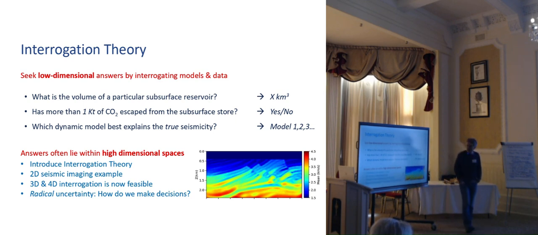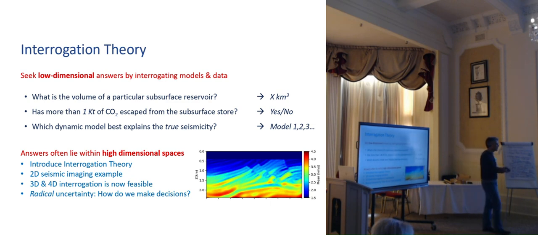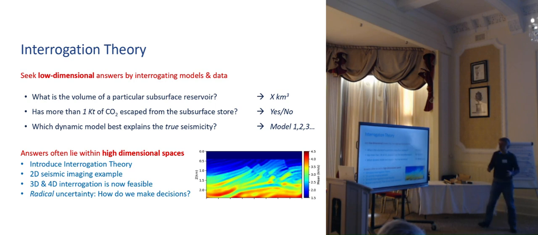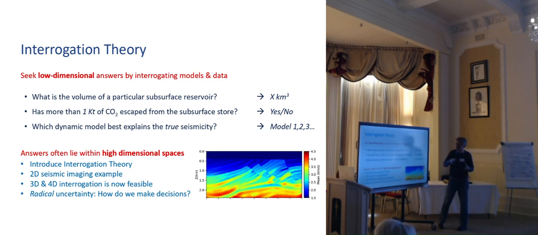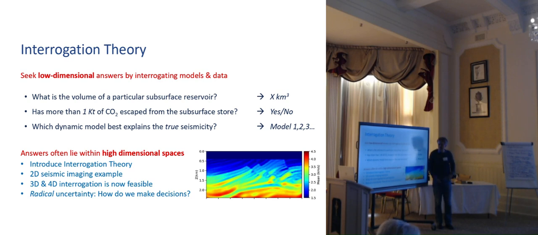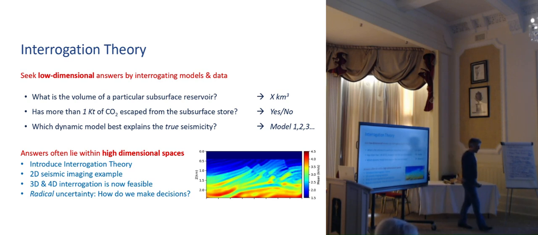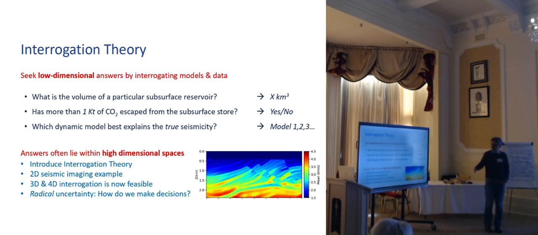And so what I'm going to do today is just talk around some theoretical framework, which we call interrogation theory, but essentially it's a theoretical framework to try to relate these questions to the model spaces we have to use. I'll use a 2D seismic imaging example, in fact, this one, to work through an example and show you how some of it works.